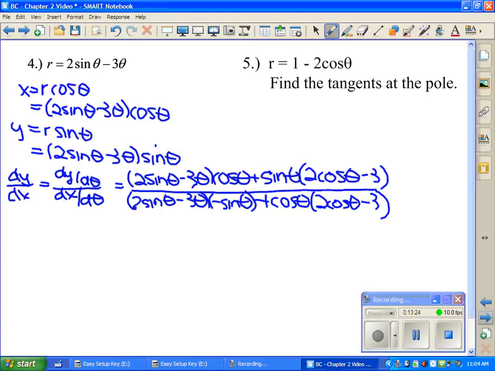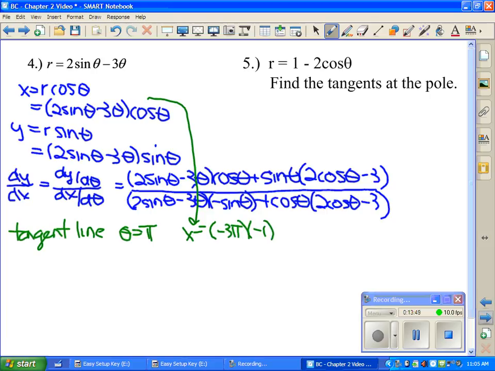And then I could say something like, find the tangent line at theta equals pi. So then you need an x value. So you go back up here to your x equation. You would get x equals 0 minus 3 pi. Cosine of pi is negative 1. y would equal 0.